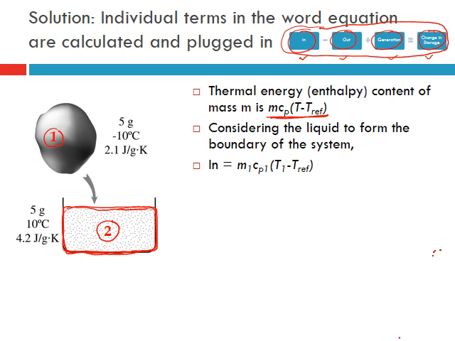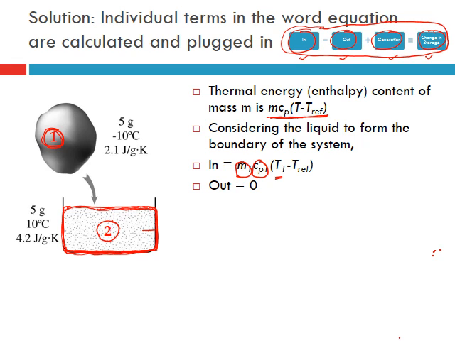So since body 1 is outside, the energy that comes into the system is whatever is the energy of body 1, which is its mass times its specific heat times T1 minus T ref. Next is out. Now the boundaries as I have defined, and it's given in the problem, there is no heat loss.